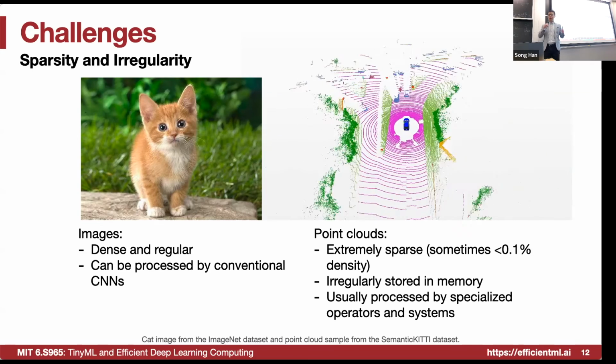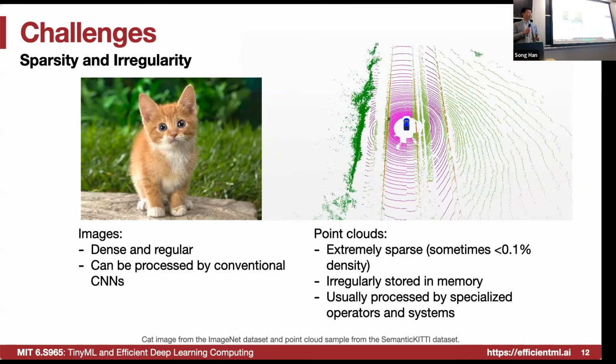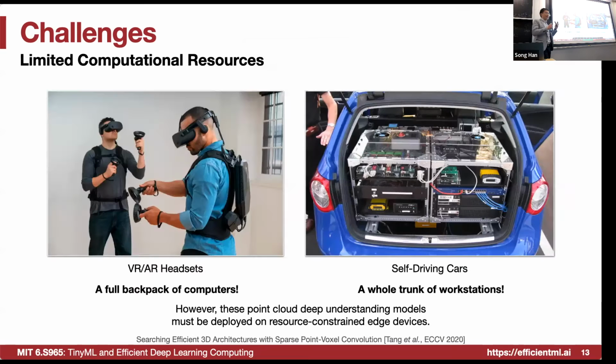So these are all adding challenges to efficiently process those point clouds. So that leads to a big computational problem. On the mobile side, it's going to quickly drain the battery if you are using the LiDAR for recognition on the phone.